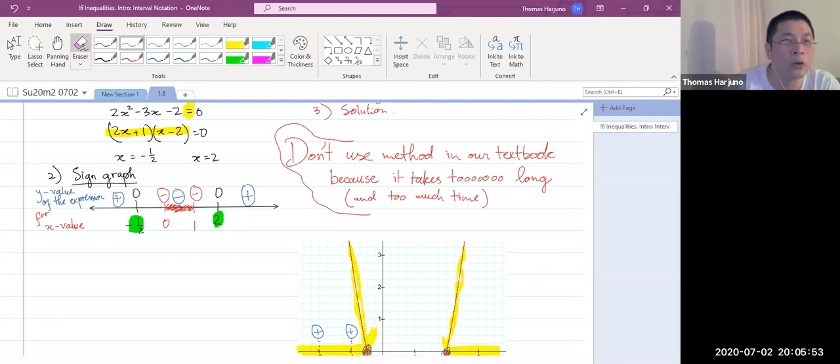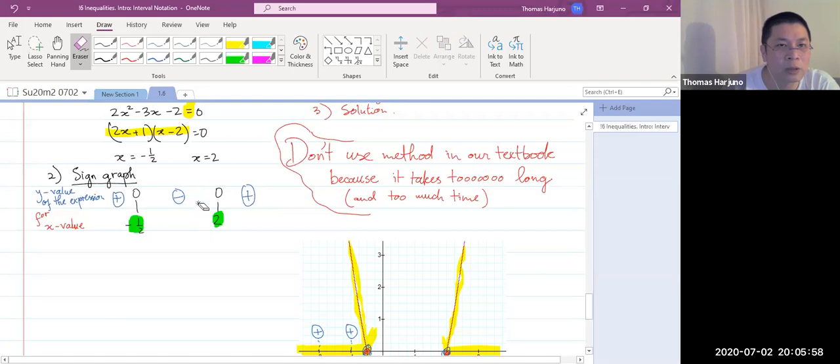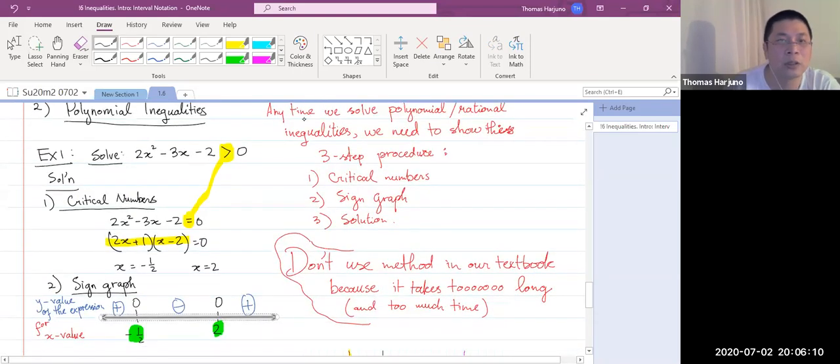Now, but Thomas, why do we want the plus minus? Because at the end, what we need in this question is greater than 0, which means we need positive.